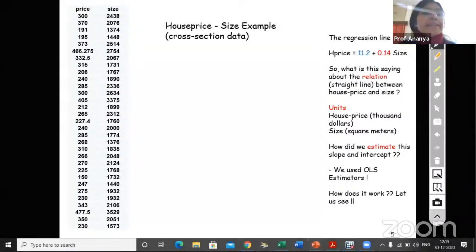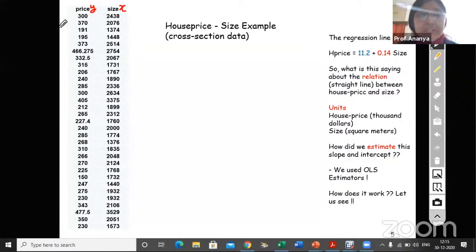Here is house price, and here is size of the house. So I would say that my dependent variable is price. So I say that price of the house depends on size. So my dependent variable y is house price and x is its size.